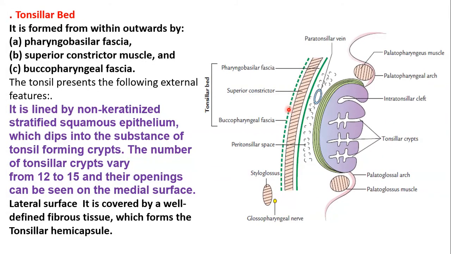Before this superior constrictor muscle is the buccopharyngeal fascia, then the superior constrictor muscle, and then the pharyngobasilar fascia. And this space, which consists of loose tissue, is known as the peritonsillar space, and it contains the paratonsillar vein. These structures are present in the tonsillar bed.